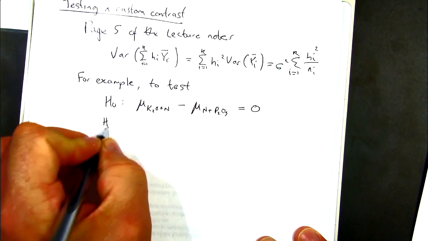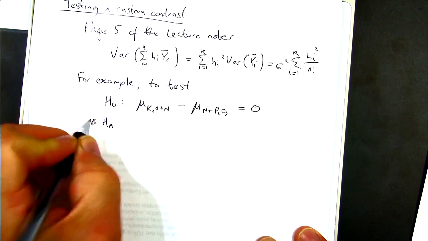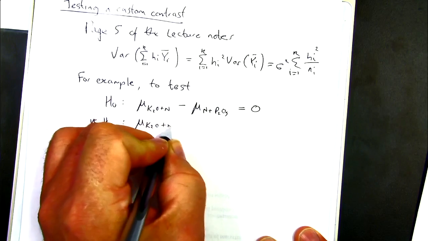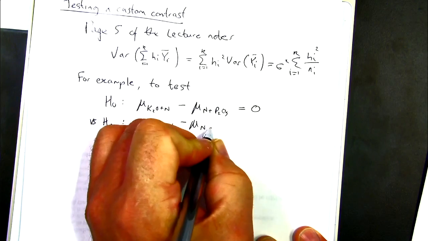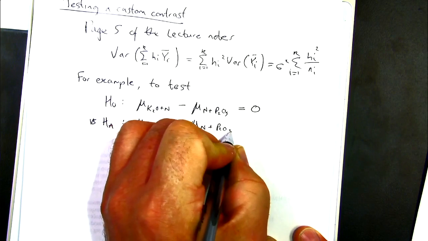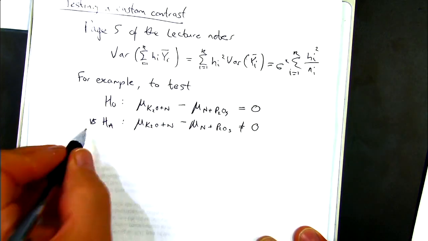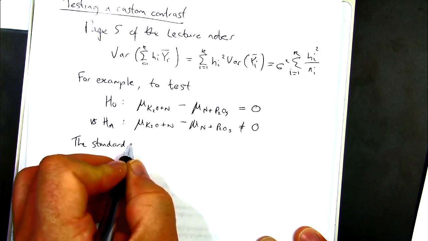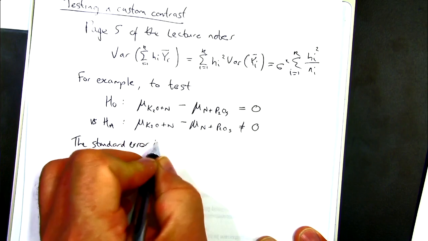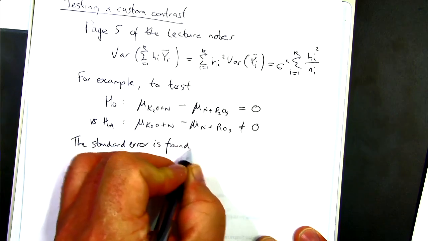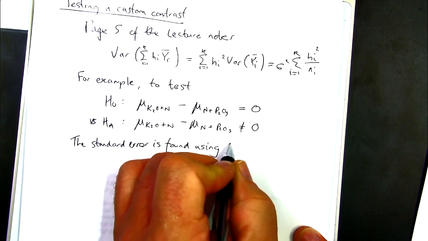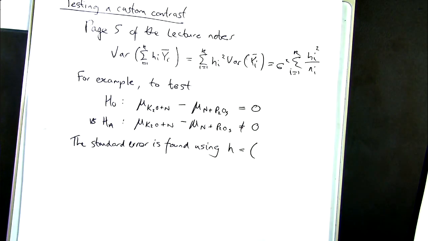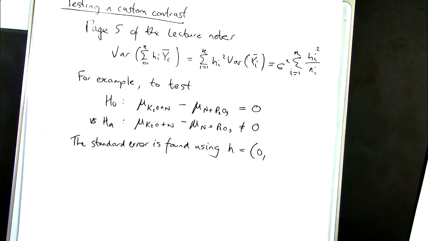Equals 0 versus the alternative, that mu K2O plus nitrogen minus this is not equal to 0. The standard error is found using H equals, well, I don't want the control group, so that's a 0 in this comparison.